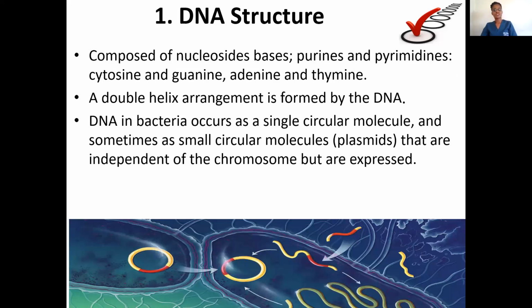We have the purines and pyrimidines, guanine and adenine being the purines, and cytosine and thymine being the pyrimidines. The DNA is usually in a structure that forms a double helix arrangement. And DNA in bacteria occurs as a single circular molecule. And sometimes we have small circular molecules that are independent of the chromosome called the plasmids.